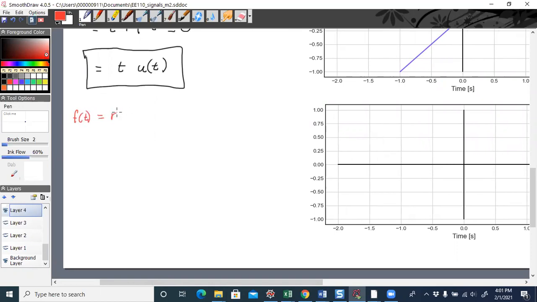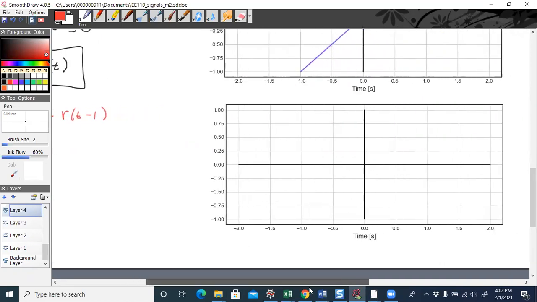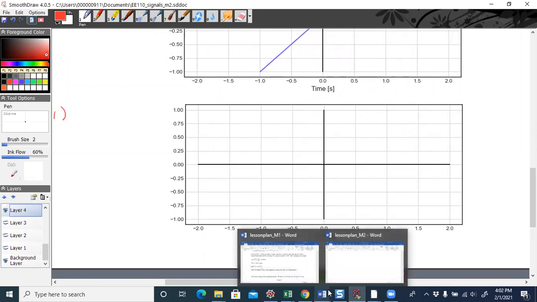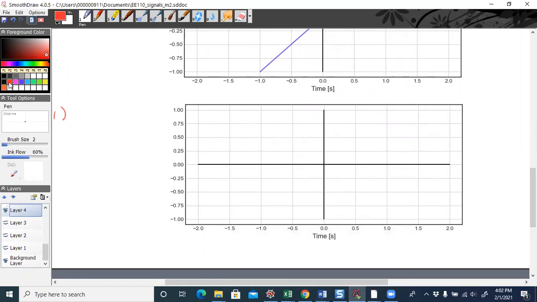So let's start off with a ramp. Then I'm going to subtract a ramp at 1 second. So let's draw a ramp.